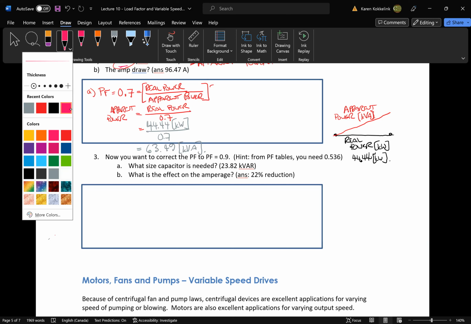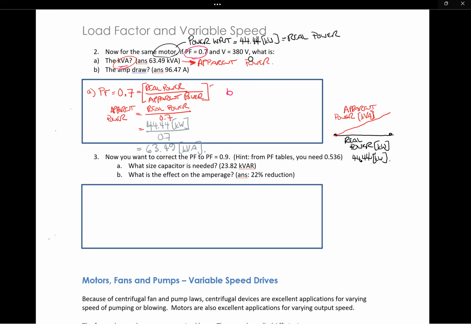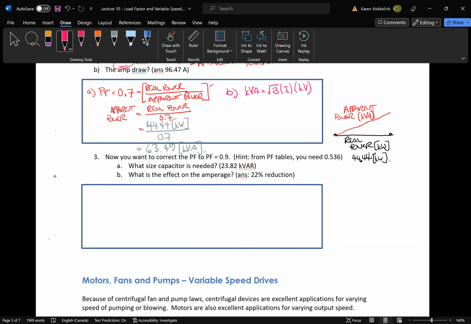What is B asking for? The current draw. Well, for the current draw, we're going to need to know our voltage here. If we remember the equation, kilovolt amps is equal to √3 times the current times the kilovolts, from electric motors, then it's our apparent power.